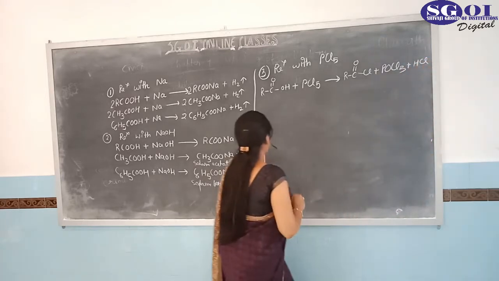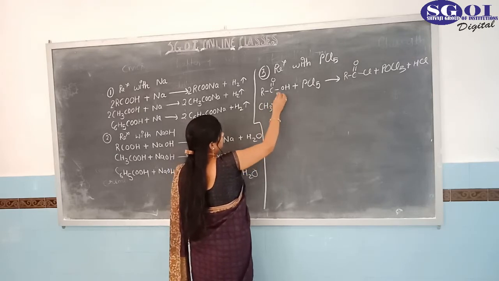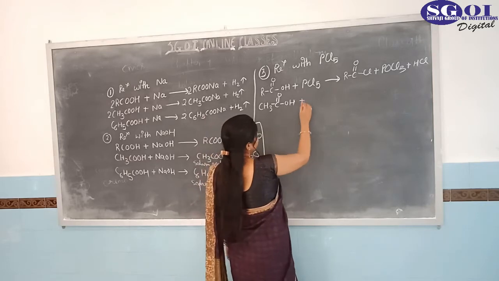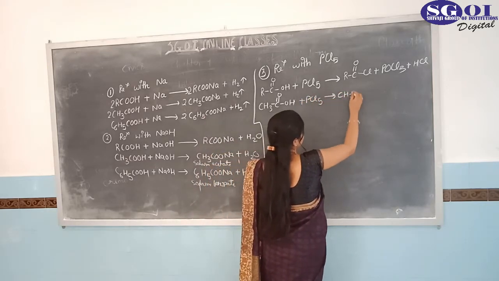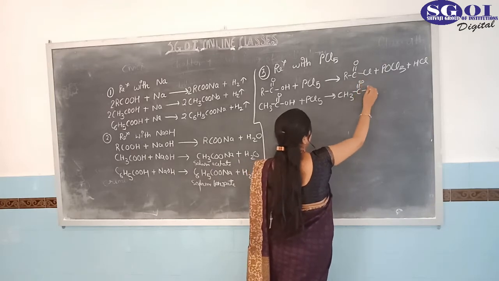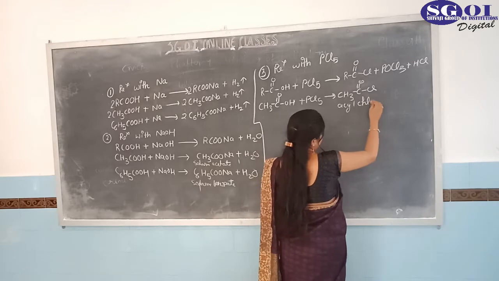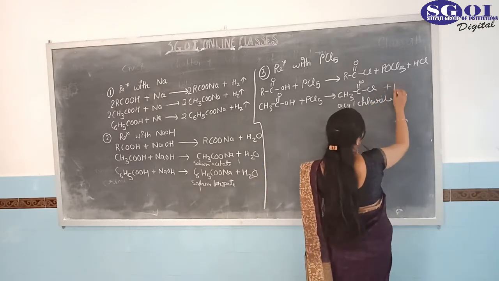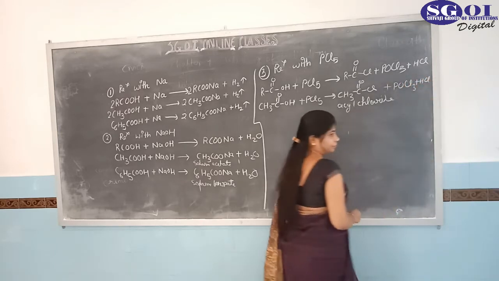For example, when we take CH3C double bond OH, that is acetic acid, and react with PCl5, it gives CH3COCl, that is acyl chloride, plus phosphorus oxychloride and HCl.